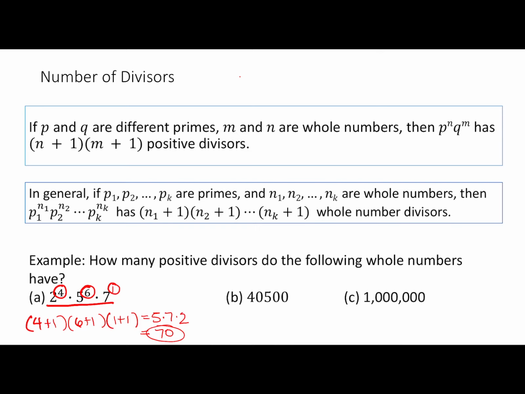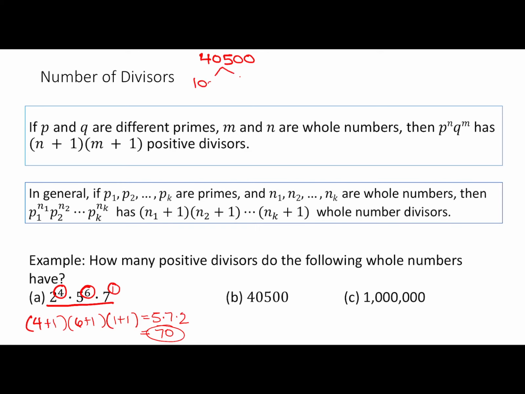What about 40,500? Now I did not leave myself very much room here. I'm going to write up at the top. So I have 40,500. The first thing I want to do is find the prime factorization here.